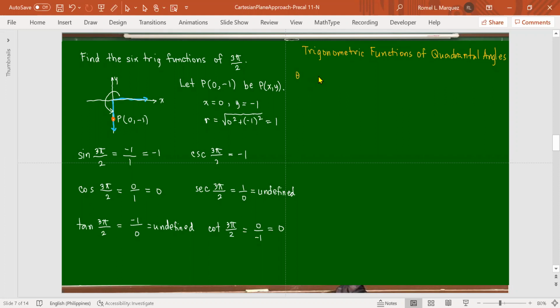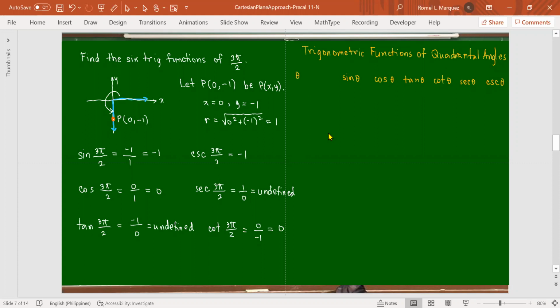So let's say I have theta here. Then I have sine theta, and then cosine theta. Then we have tangent theta, and then cotangent theta. What else? Secant theta, and finally cosecant theta.